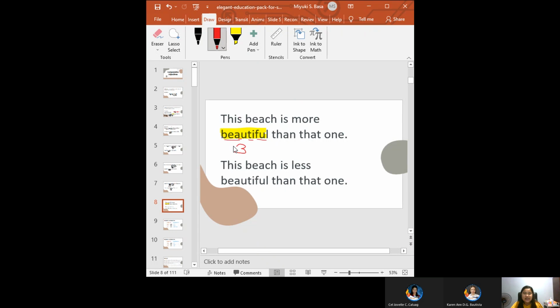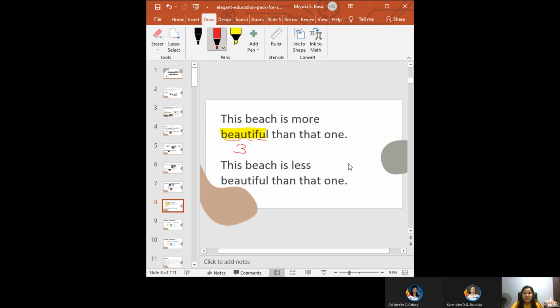It has three syllables. So, given the four rules that we discussed, not all the adjectives can be changed or added with a suffix. In some cases, for some two-syllable adjectives and adjectives with three syllables or more, the word more and the word than are used to make the comparative. Do you understand, guys?